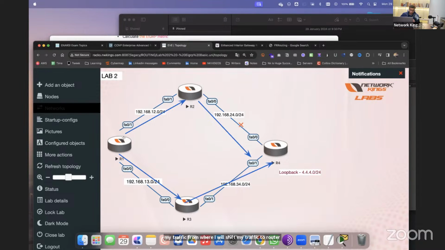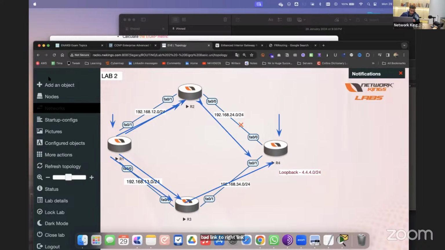It is like you are going to the market. This is the market, this is your home. If you cannot go to the market from this path, you go back home and take another path. In how much time you move the traffic from your bad link to the right link, that is convergence.